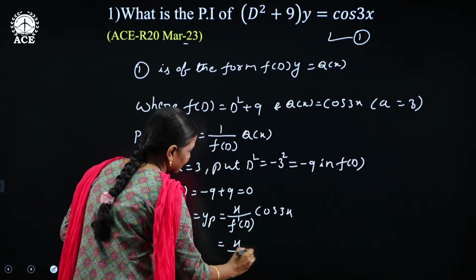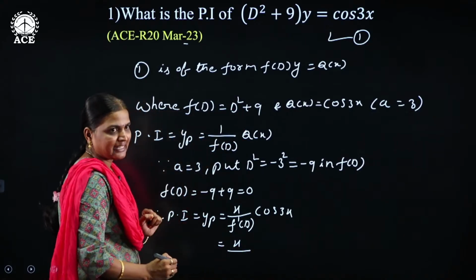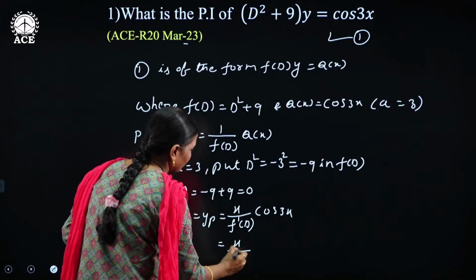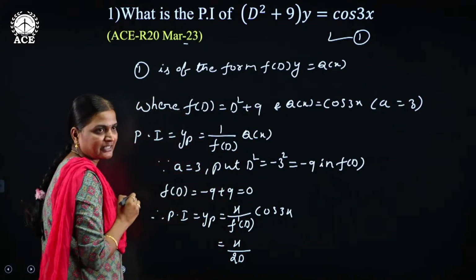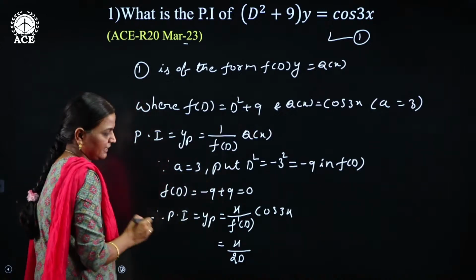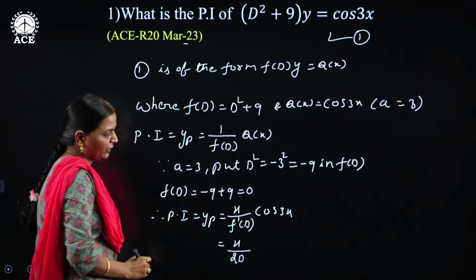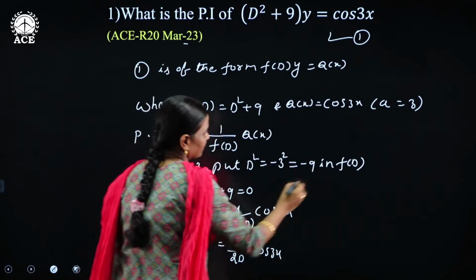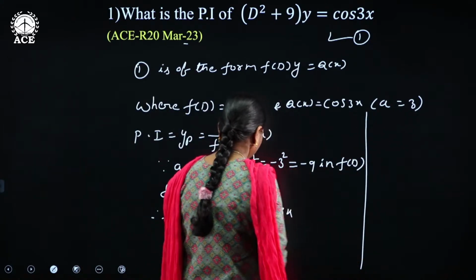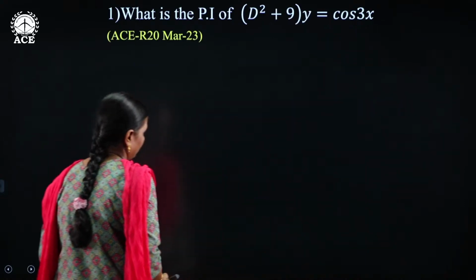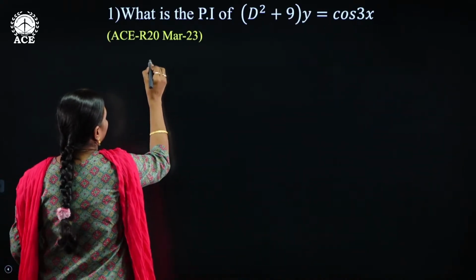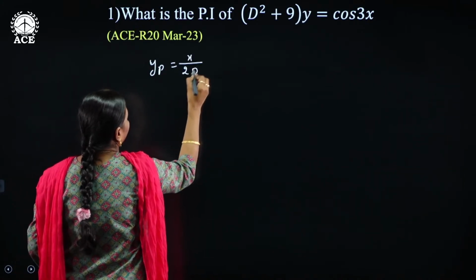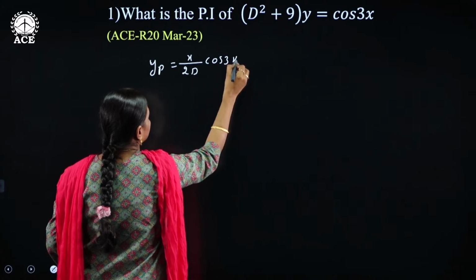If f of d is equal to d square plus 9, f dash of d is equal to 2d. Differentiation of d square is 2d and differentiation of 9 is 0. So what is the denominator? 2d into cos 3x. So the particular integral yp is equal to x by 2d into cos 3x.